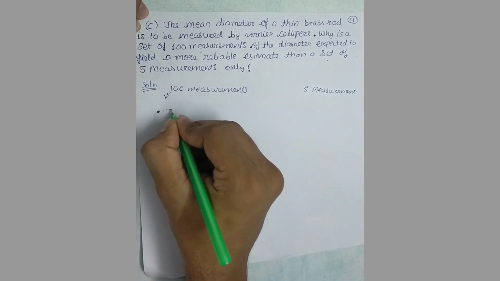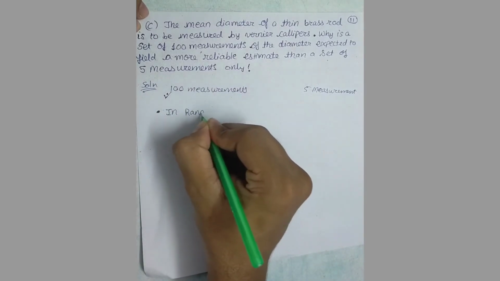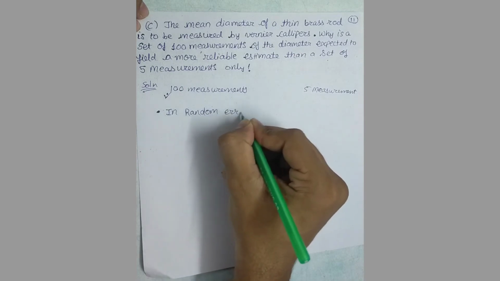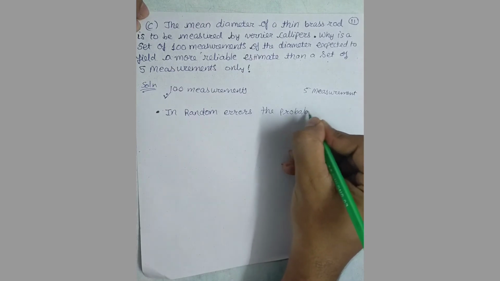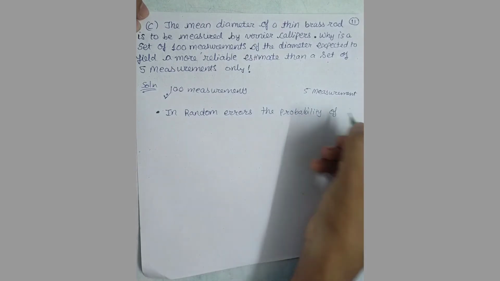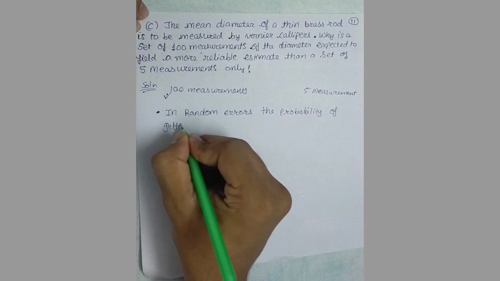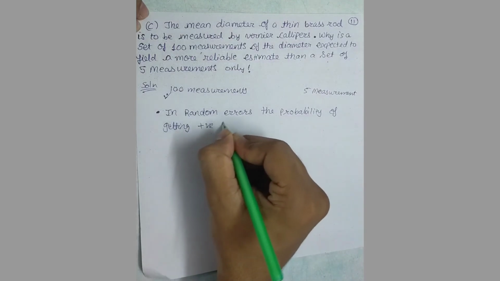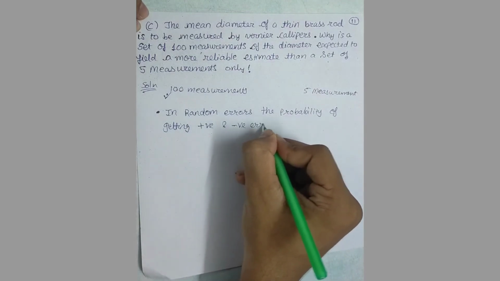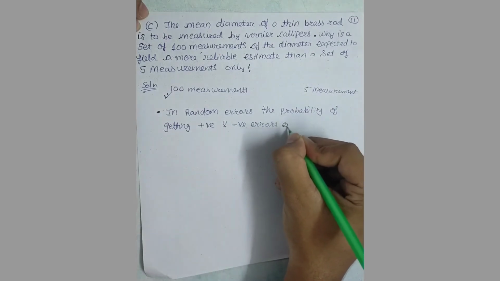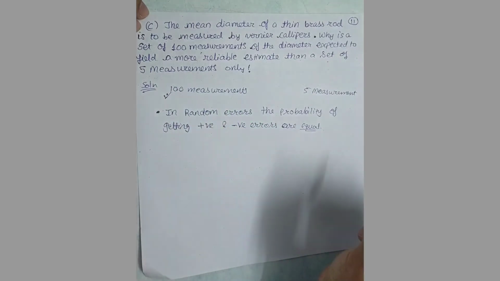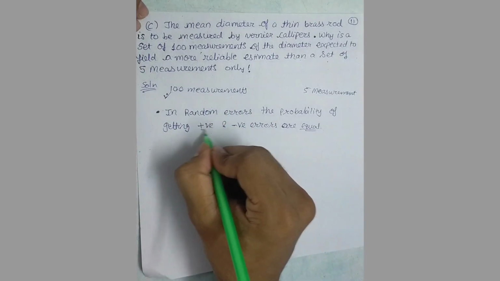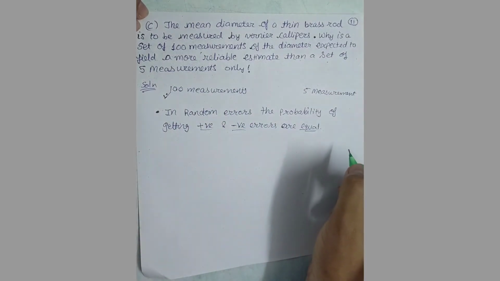And in random errors, the probability of getting positive and negative errors is equal. So the more and more measurements you consider, the more the positive and negative errors will cancel each other, and the more accurate data you will get.